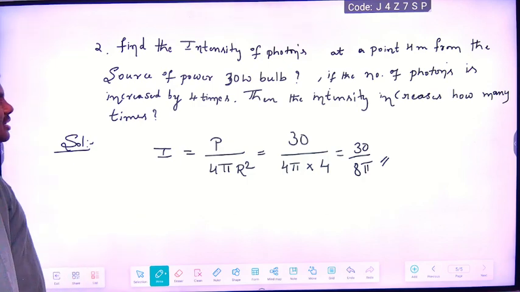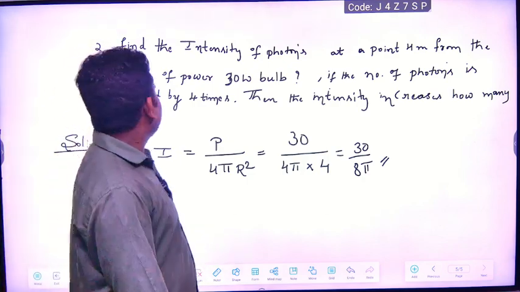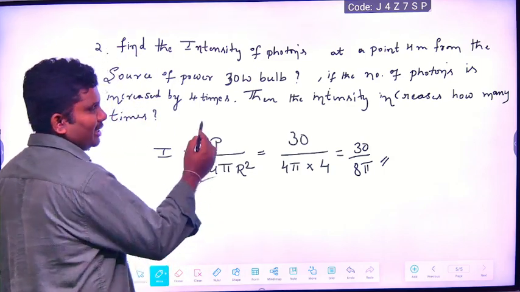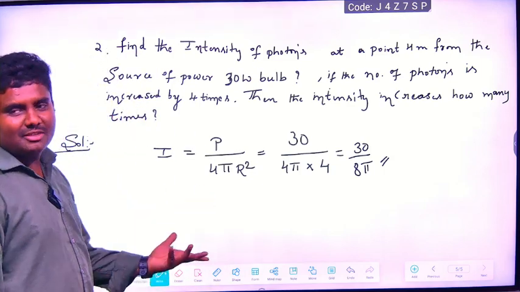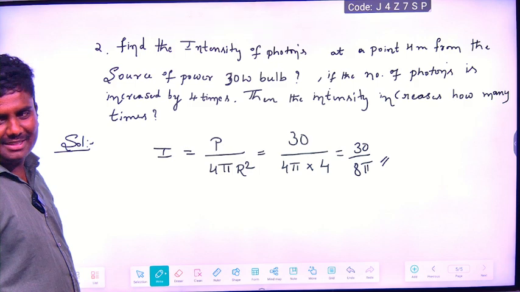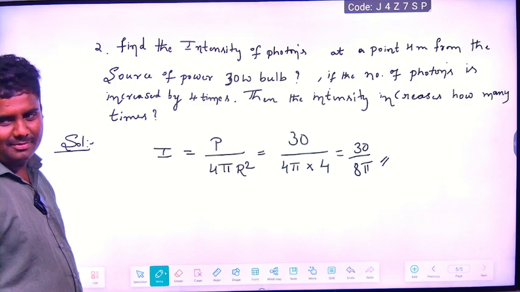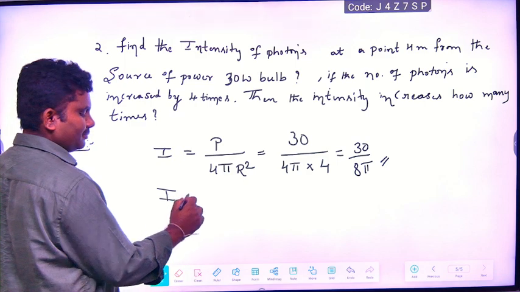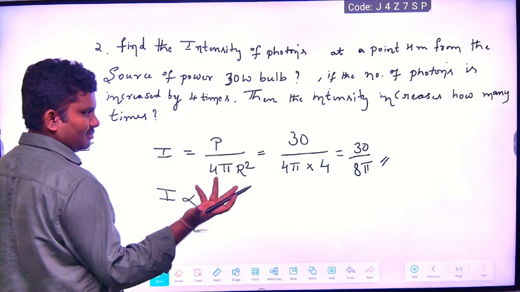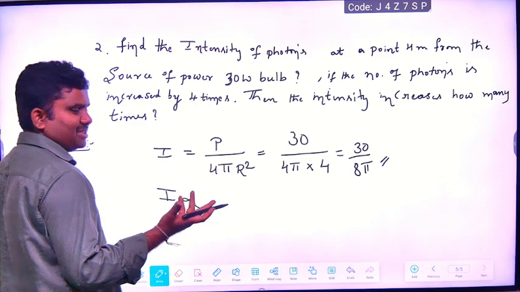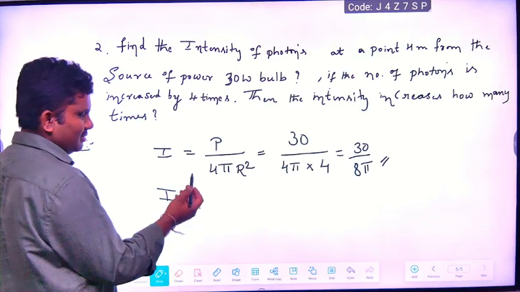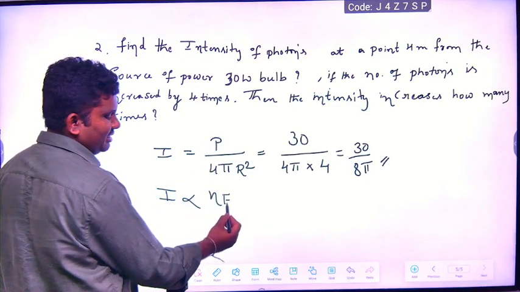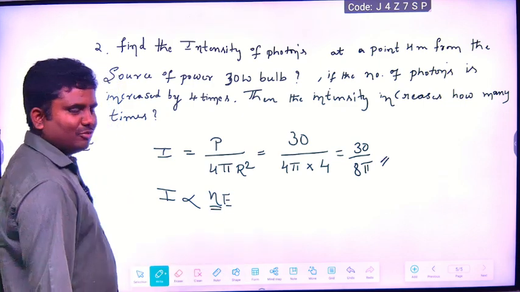Now next question. If the number of photons is increased by 4 times, then how much will the intensity increase? How does intensity depend on number of photons? Power is equal to n into energy, where n is the number of photons.